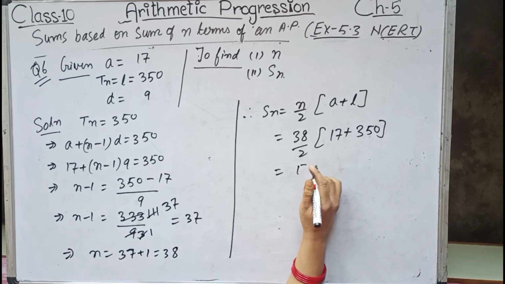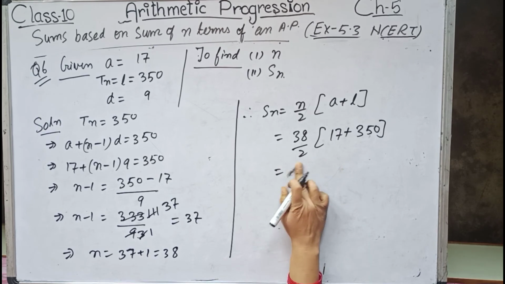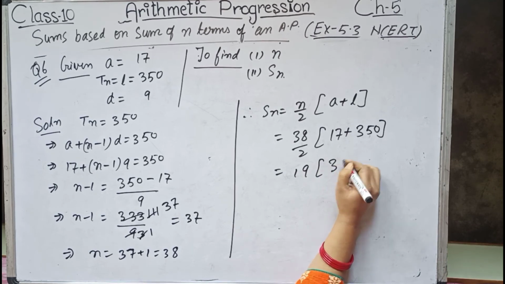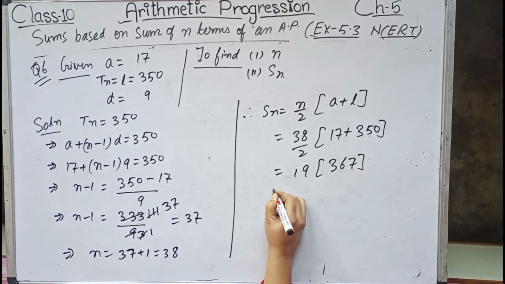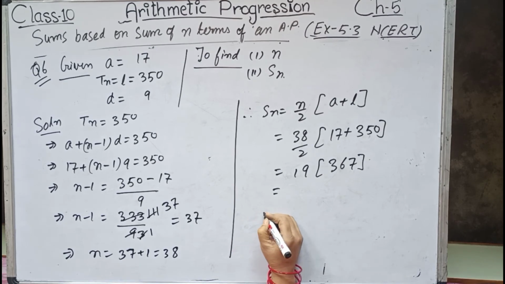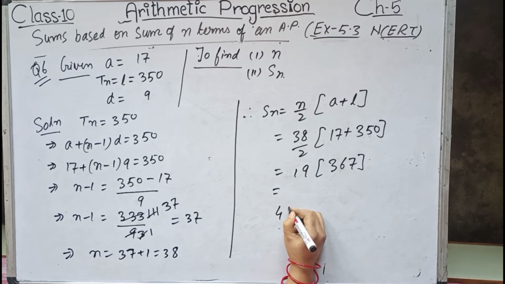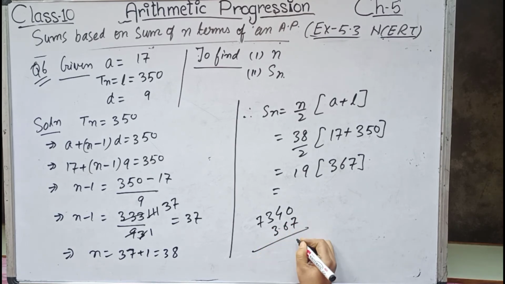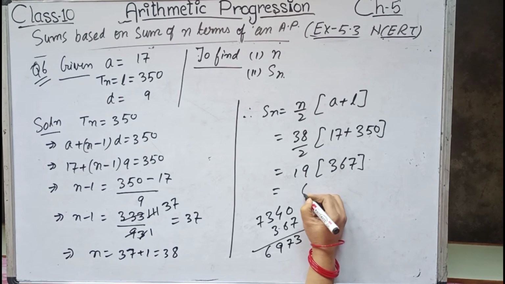So this will be equal to 19 into 367, which is 6973.